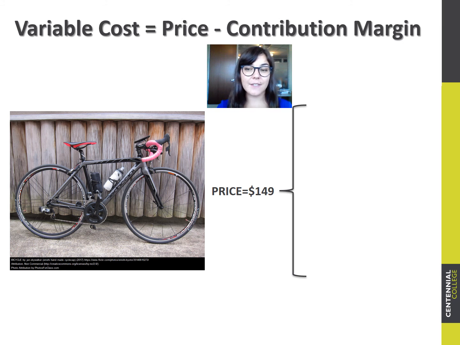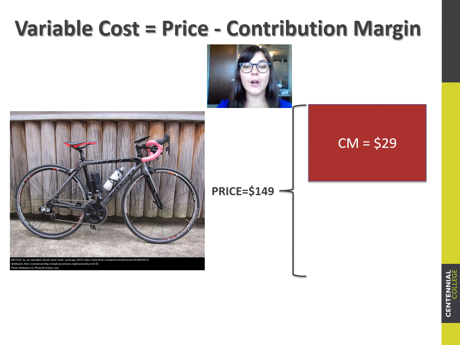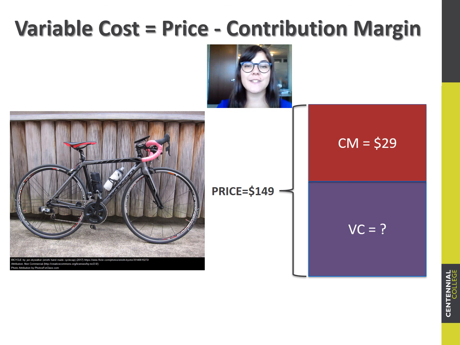Your friend works at the store and told you that the store makes a $29 contribution margin on each bicycle. How much does it cost the store to buy the bicycle from the factory? The answer is $120.